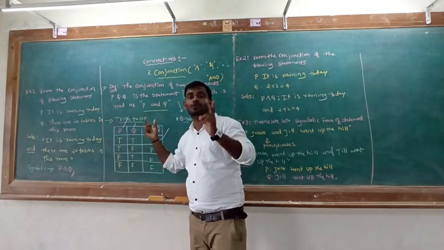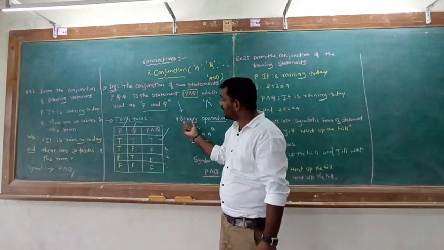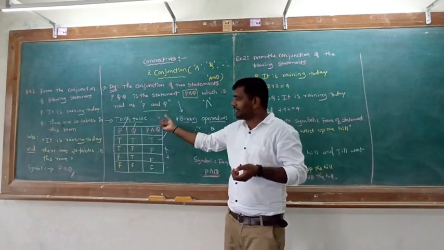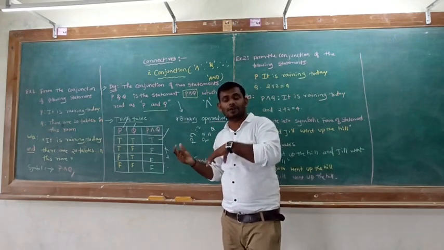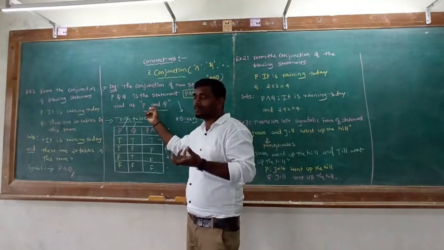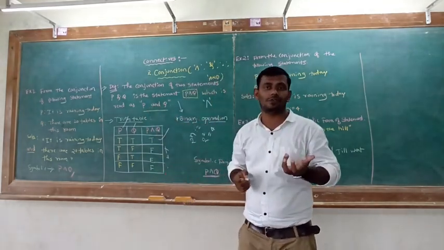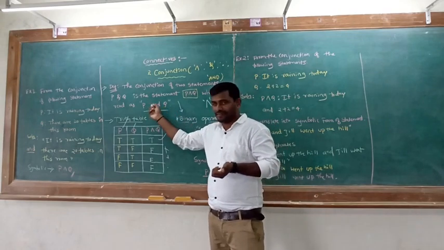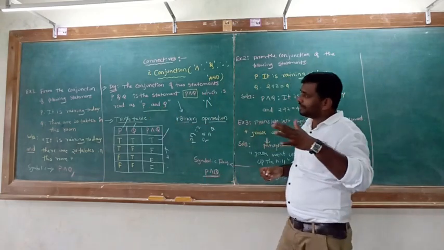It requires two statements, so it is a binary operation. Two primary statements will be converted into a conjunction. The resulting statement is called a molecular, composite, or compound statement. We use the conjunction "and" to combine the primary statements.